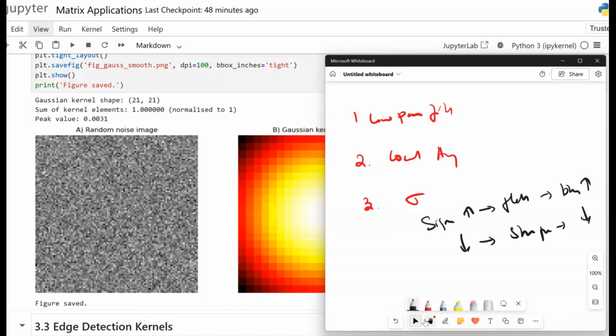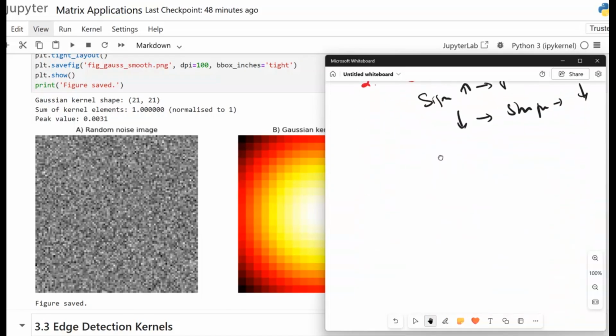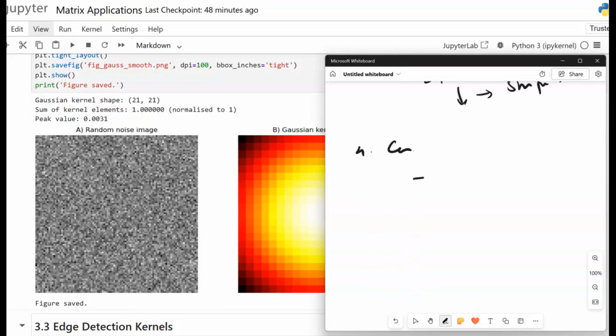Okay, and the next thing I want to specify is convolution as a linear operator. Dear friends, this operation is mainly used in linear and shift invariant systems, and of course it is equivalent to multiplication in the Fourier domain also.